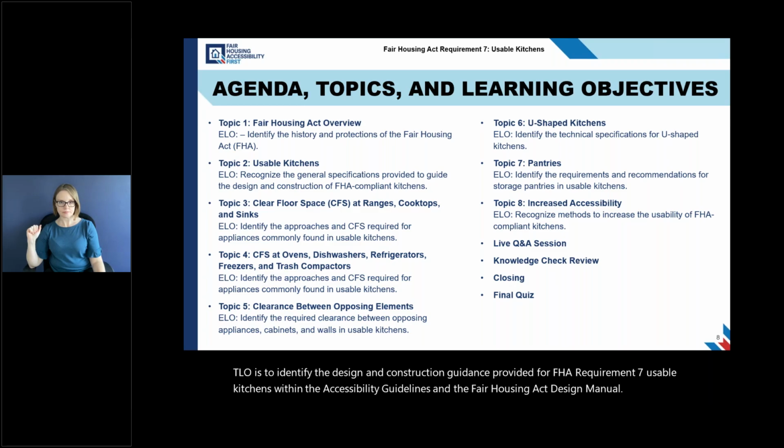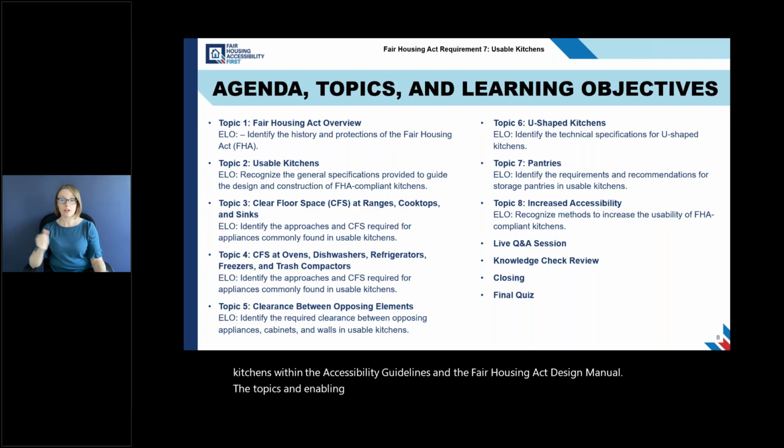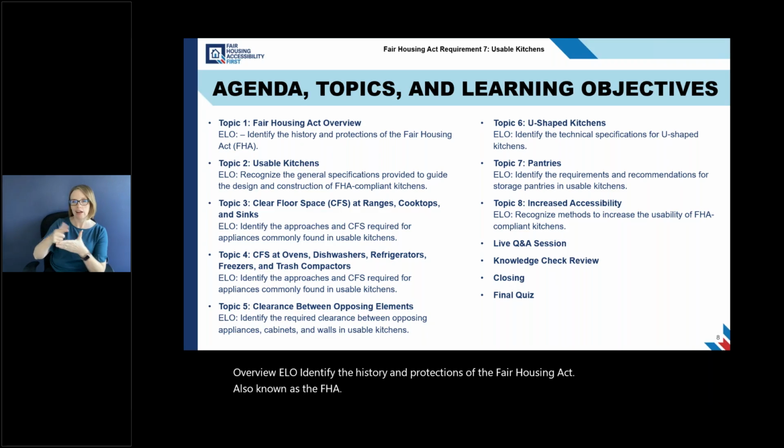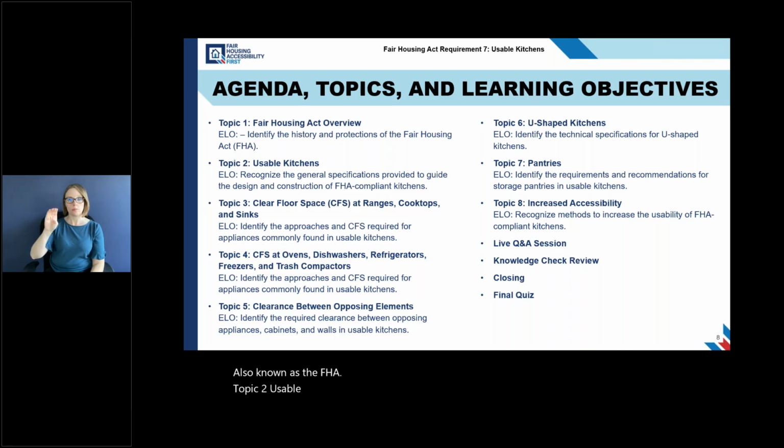The topics and enabling learning objectives, or ELOs, are as follows. Topic 1, Fair Housing Act Overview. ELO, identify the history and protections of the Fair Housing Act, also known as the FHA. Topic 2, Usable Kitchens.